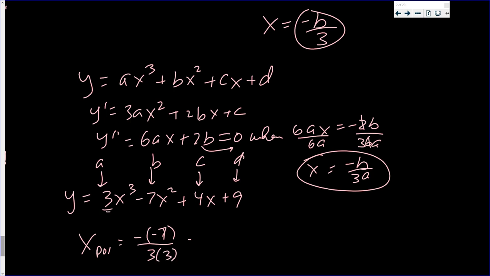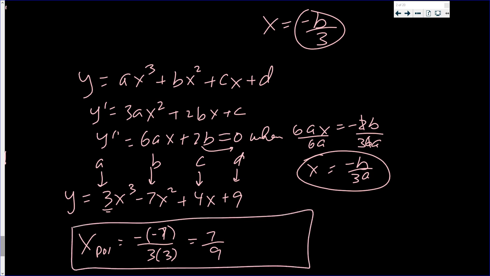A is 3. So it's just 7 over 9. Boom! I have the point of inflection. I didn't have to take derivatives anymore. And now go and find the y value when x is 7 over 9. Okay. This completes the video on graphing or curve sketching polynomials.